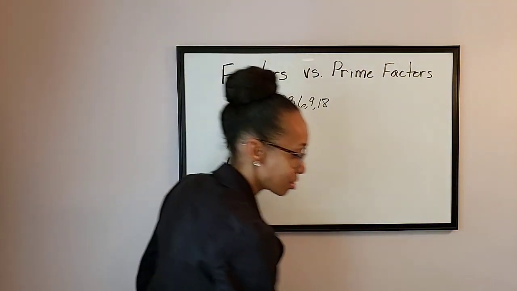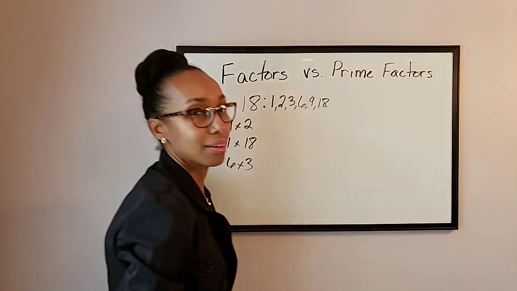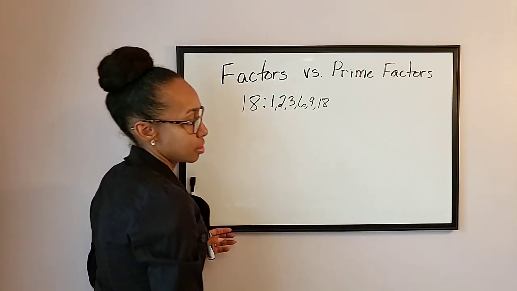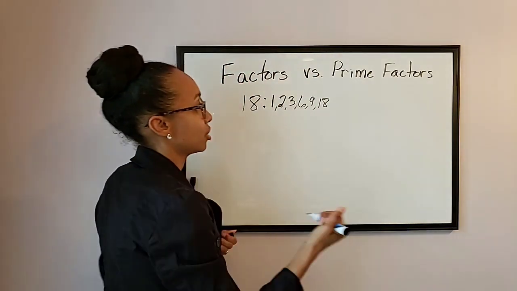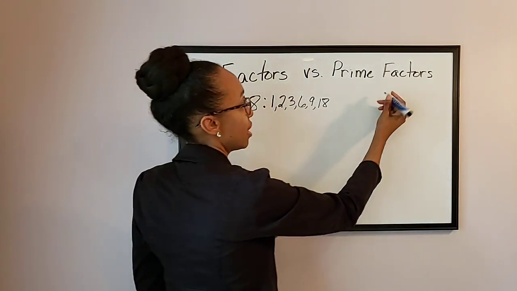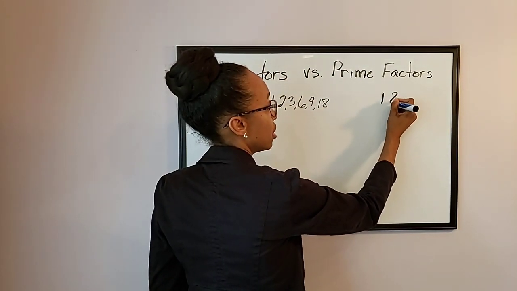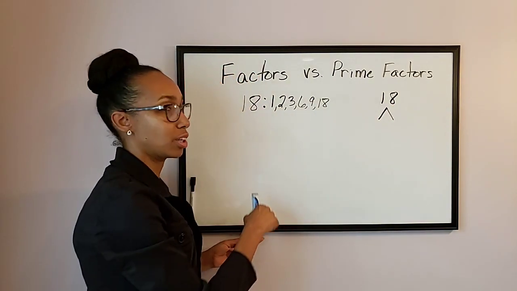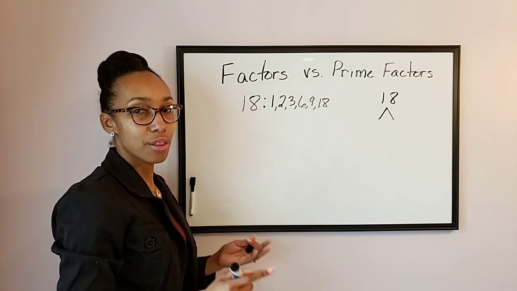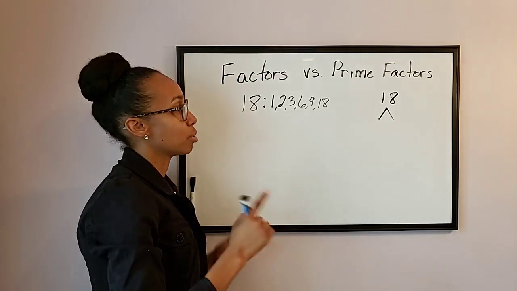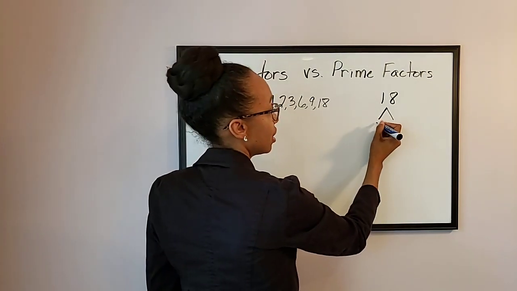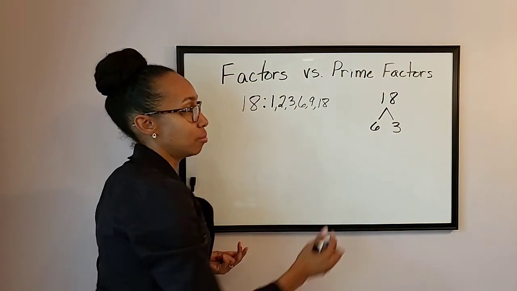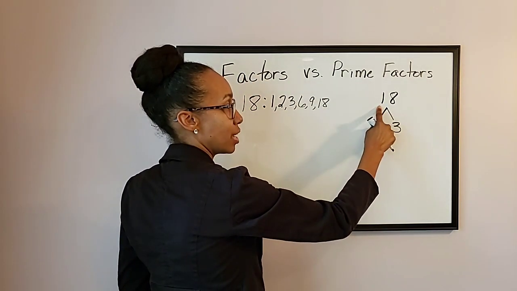All right, so let me again make a little more space here, and let's look at prime factors. Okay, so these are the factors, and for our prime factors we took the number, and again you can pick any of those factors. You could pick anything other than the number times itself. So we said 6 times 3. I like 6 times 3. So 6 times 3 gives you 18.